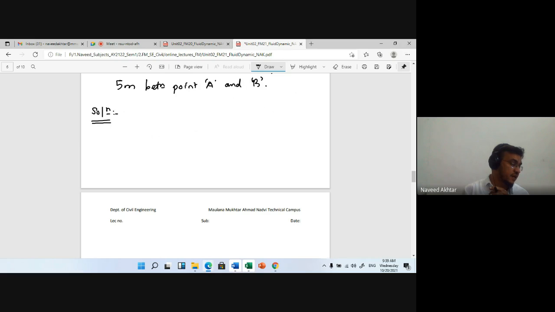Velocity at A and B will be different. So we know the formula for velocity and discharge. I will draw the figure. Your pipe is converging and its dimension is reducing. This is your inclined pipe.